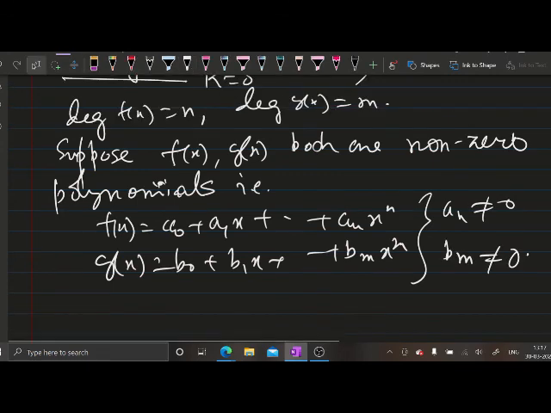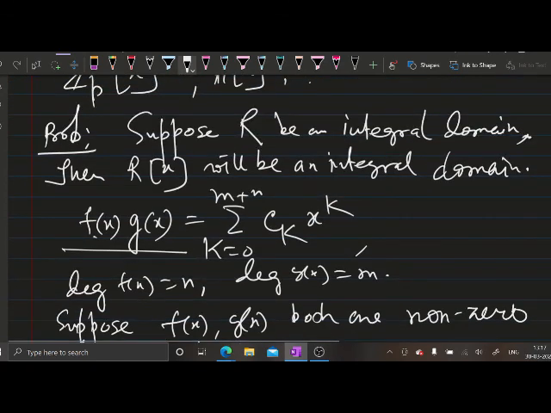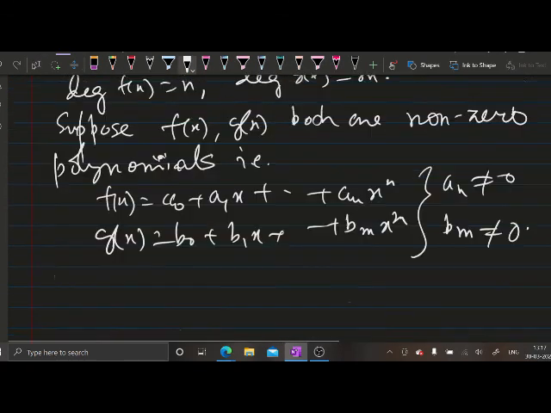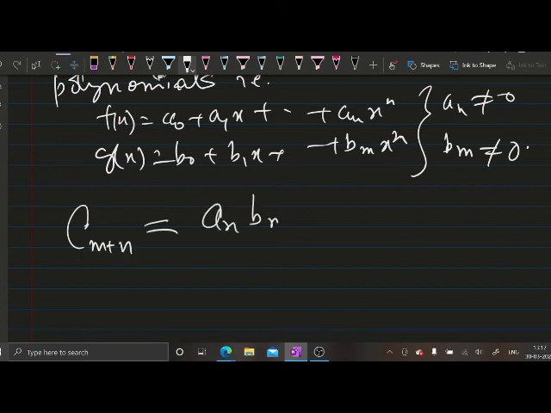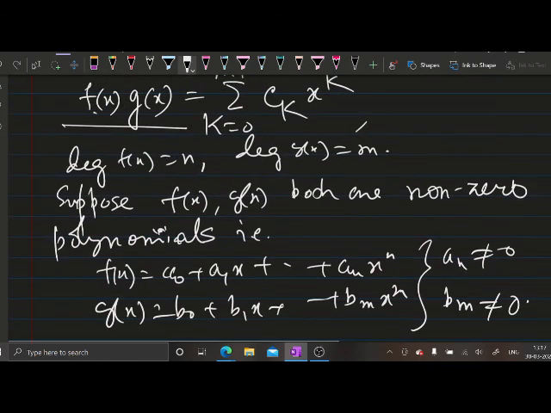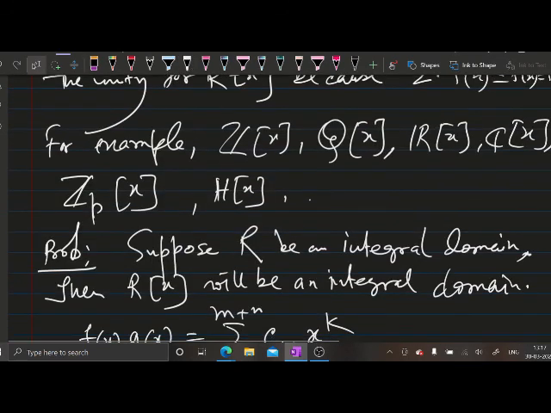Now if you multiply f(x) and g(x), then what is c_{m+n}? So c_{m+n} is a_n b_m. Now you have already assumed that the ring R is an integral domain.